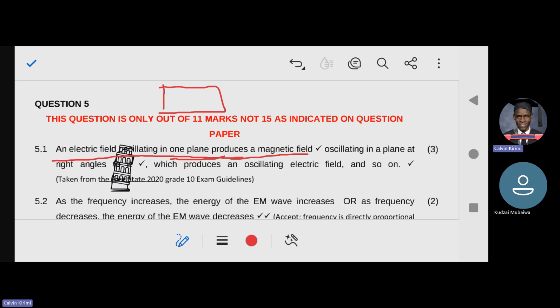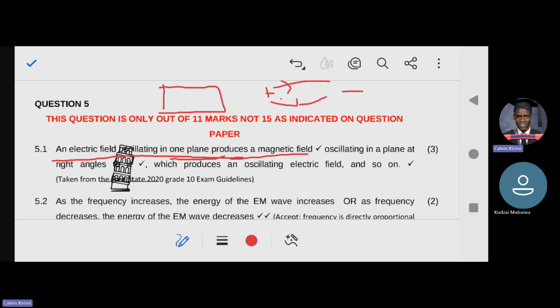Remember magnetic field lines, when you're doing positive and negative charges, field lines are always away from the positive and towards the negative. In similar fashion, that's what they're saying.